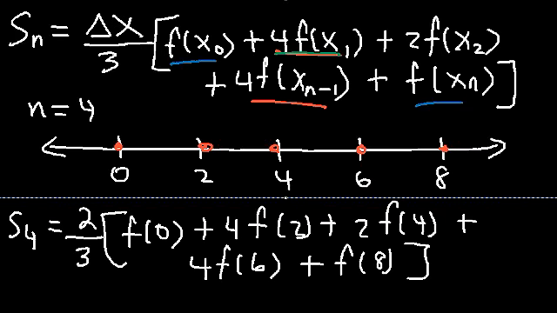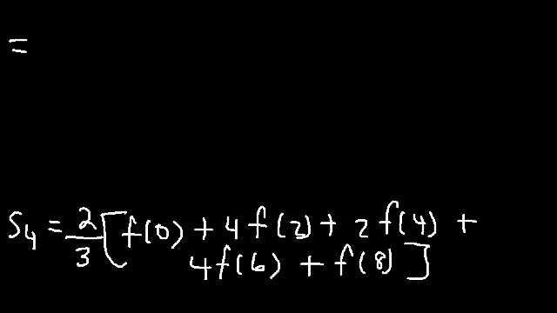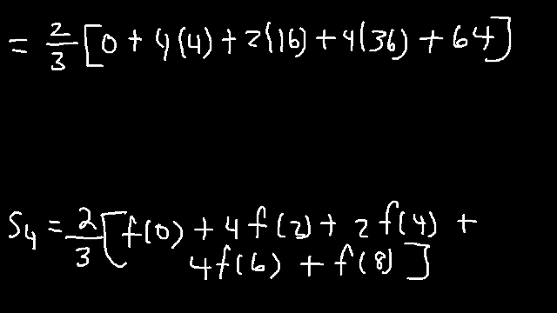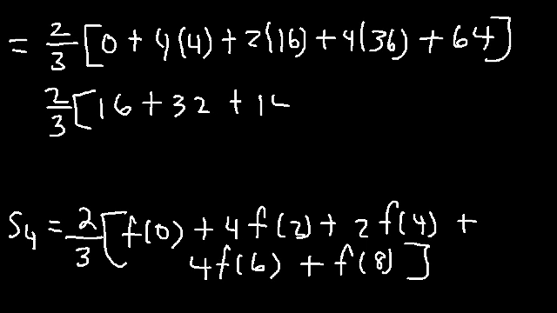So let's get the answer. That's 2/3 times f of 0, which is 0 squared, that's 0, plus 4 times f of 2, 2 squared is 4, and then plus 2 times f of 4, 4 squared is 16, and then 4 times f of 6, 6 squared is 36, and f of 8 is 8 squared, which is 64. 4 times 4 is 16, 2 times 16 is 32, and 4 times 36, that's 144.